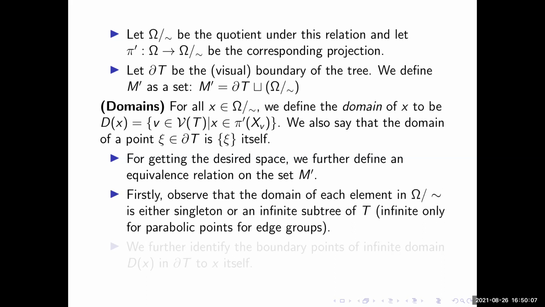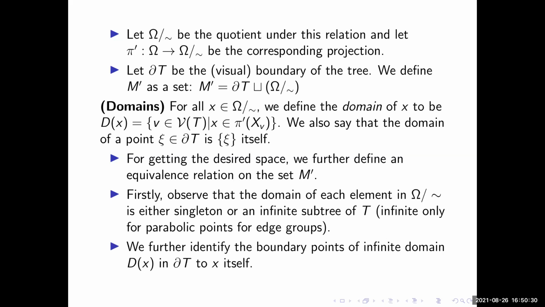First you observe the domain of each point in omega mod tilde is either a singleton or an infinite subtree of the Bass-Serre tree. Infinite will be only for a parabolic point of each group. If there is a point which is not in the edge, which is not a parabolic point, its domain will be just one point. We cannot flow that. So we further identify the boundary points of an infinite domain D_x in ∂T to x itself.